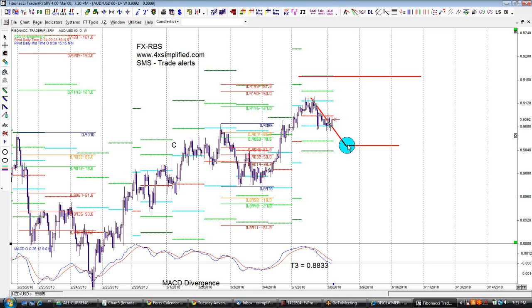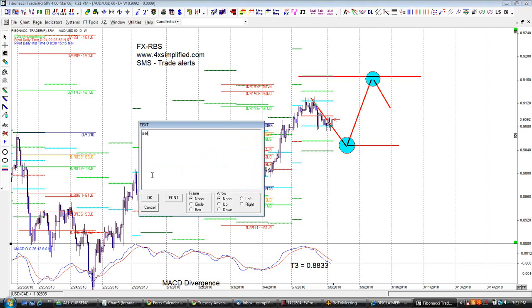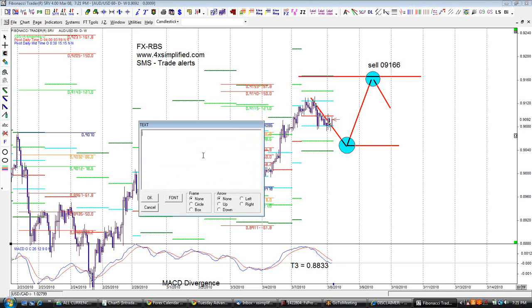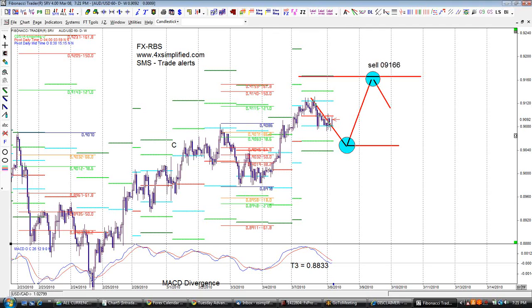If the price drops here and moves up, we'll have a sell at 91.66 if the price bounces off 90.50.